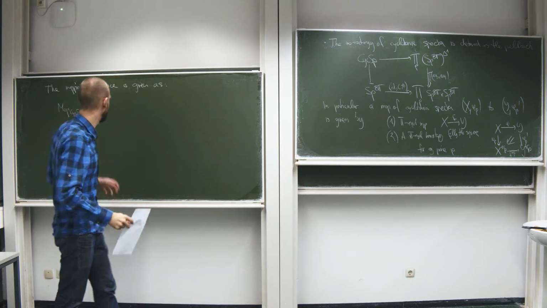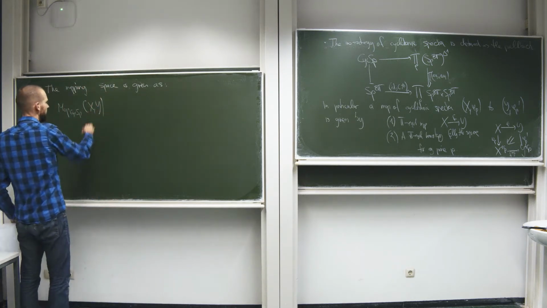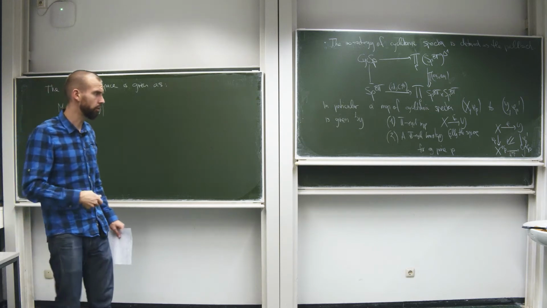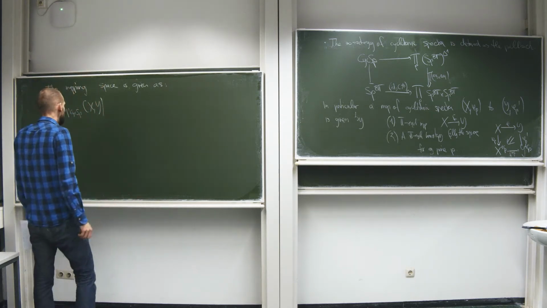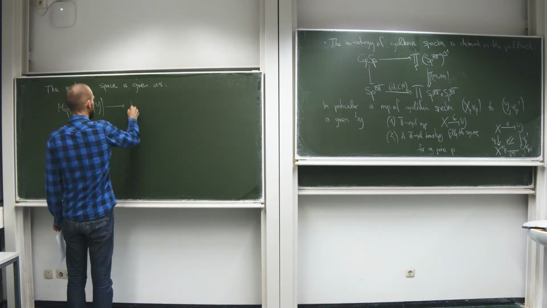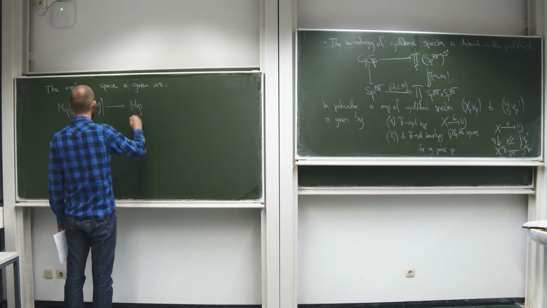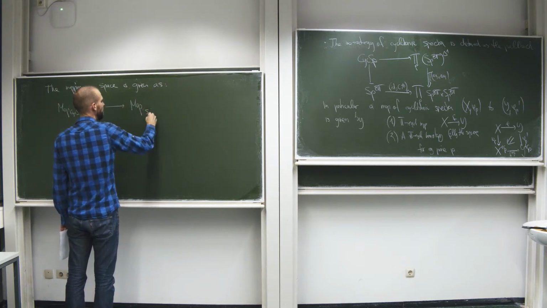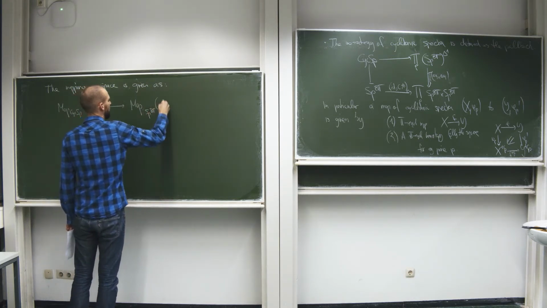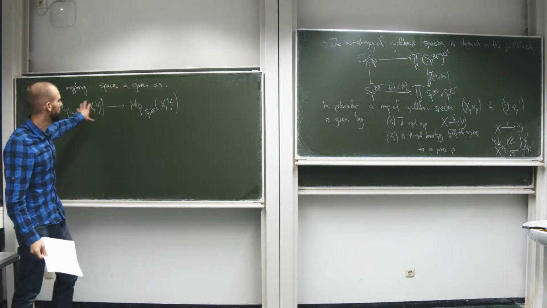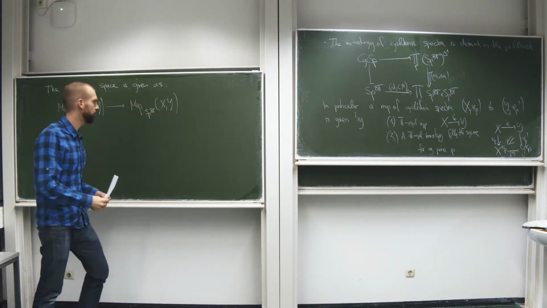but let me suppress this in the notation and just write X to mean the cyclotomic spectrum, including all the additional structure, as is customary. So you have a map to the mapping space in spectra with T action, X and Y. So this is just, we forget the cyclotomic structure and just consider X and Y as spectra with T action.